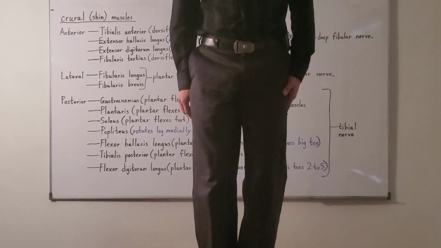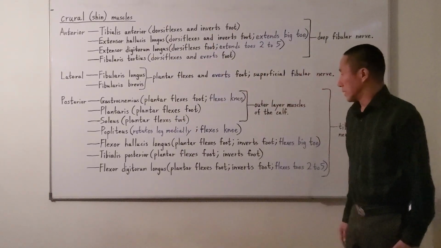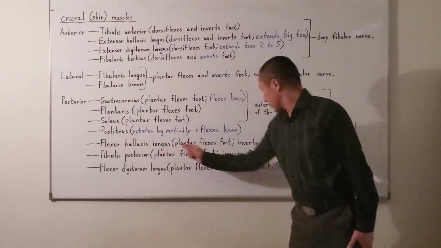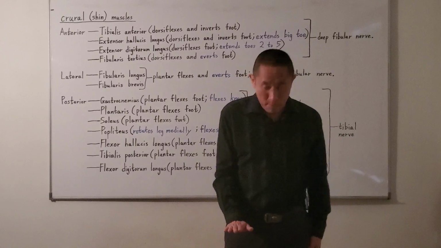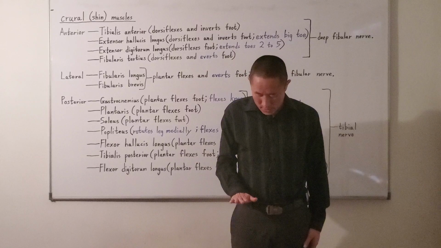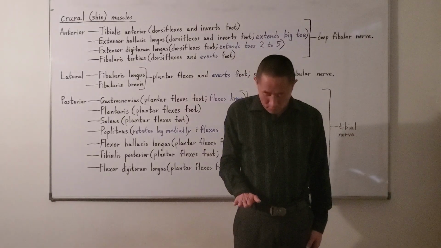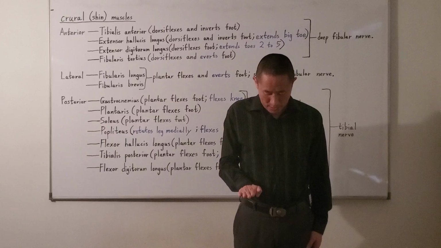And we also said that flexor hallucis longus also flexes the big toe. Assuming that my hand is the foot right now, and my thumb is the big toe, flexing the big toe is when the big toe bends like that.